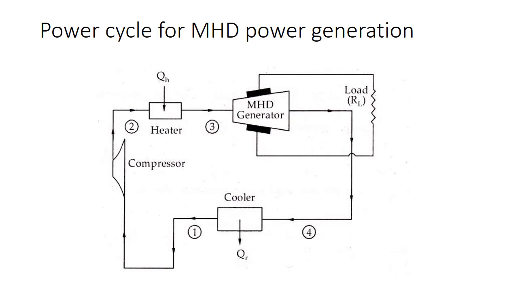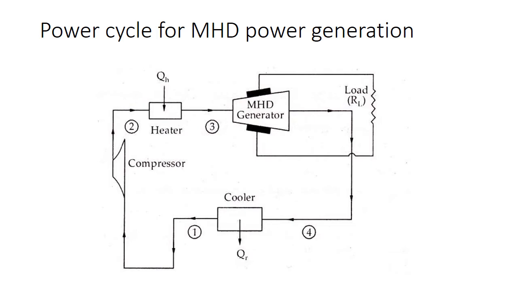Why are we using this alkali metal like cesium or potassium? Because it has got high electrical conductivity and high ionization. Because of this, the gas coming out is getting ionized, and this ionized gas is passed through the MHD generator.